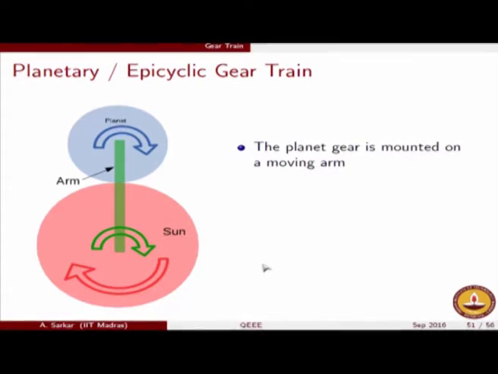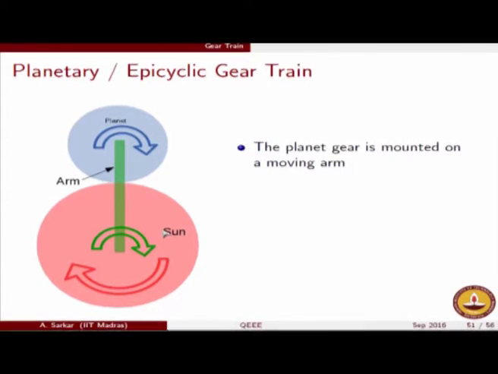So this is the kinematics: the sun rotates with respect to the frame, the arm rotates with respect to the frame, and the planet rotates with respect to the arm. Till now we considered gears which were only rotating with respect to the frame, but now we will consider an example such as this planet gear, which is rotating with respect to the arm, which is itself rotating with respect to the frame.